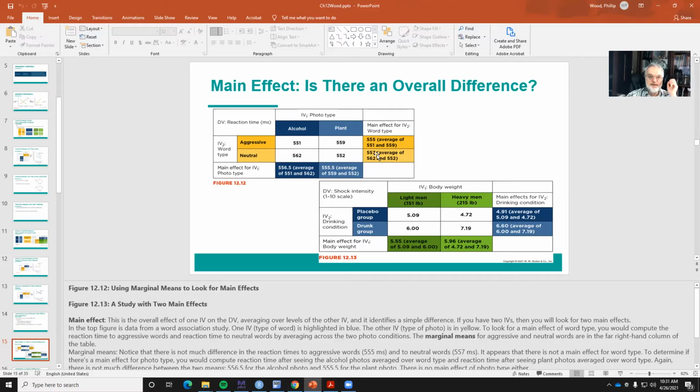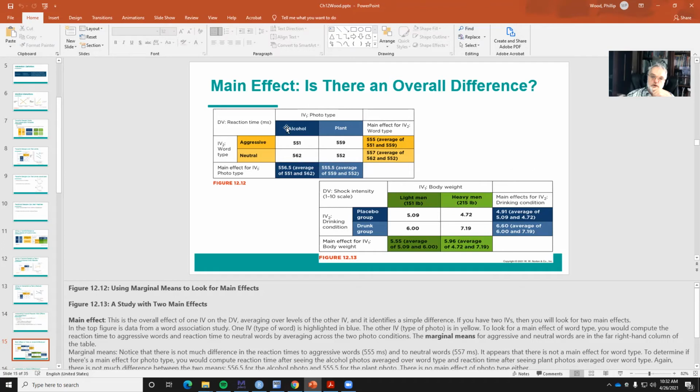So in terms of being able to see if there is a difference in reaction time for recalling a word, depending on whether it's an aggressive or neutral word, it looks like there's really not that big of a main effect for the type of word that you have.